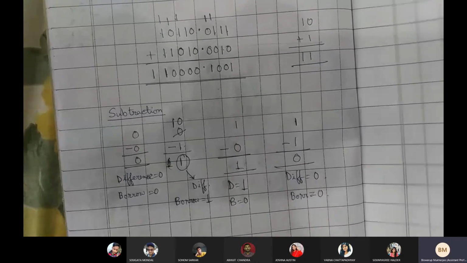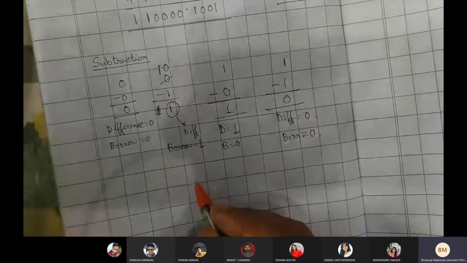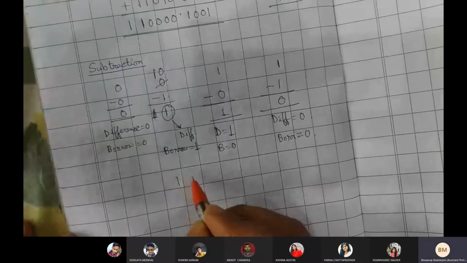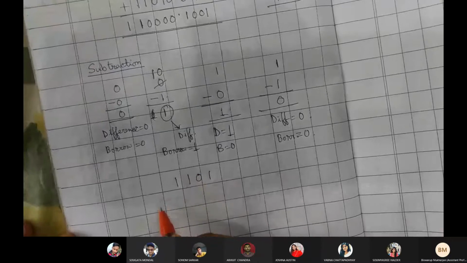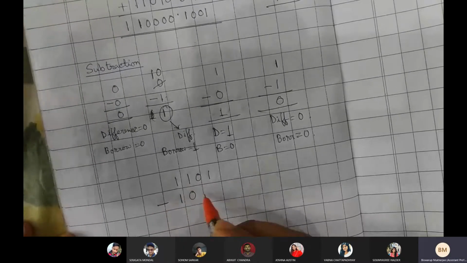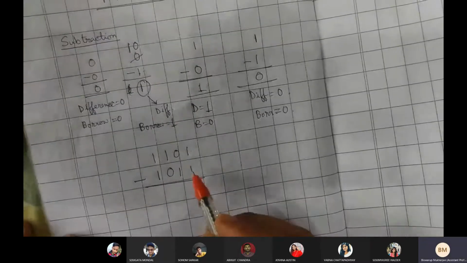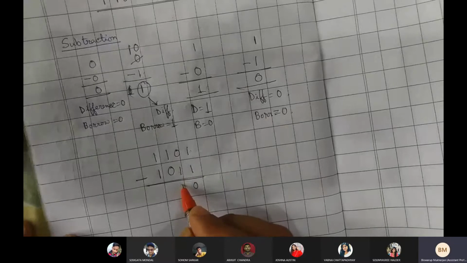Now again, multiple bits. Let's take 1, 1, 0, 1, like this, minus a smaller number, suppose 1, 0, 1. So 1 minus 1 is 0. 0 minus 1 is not possible. So what do you have to do?